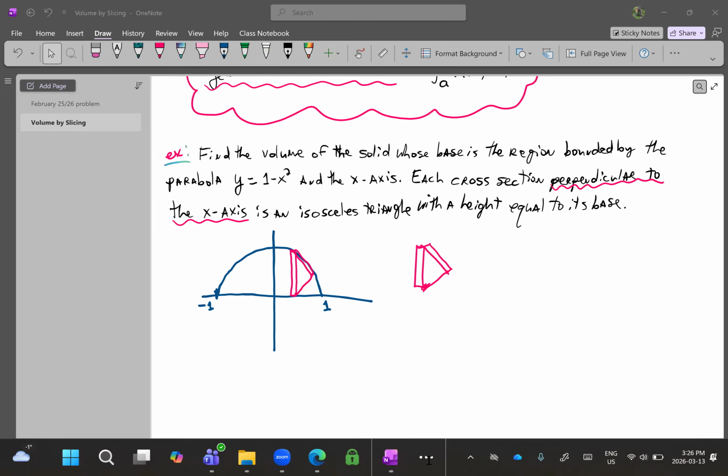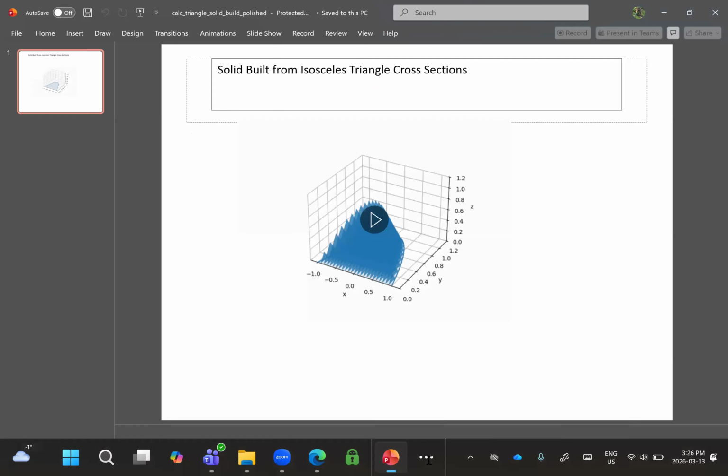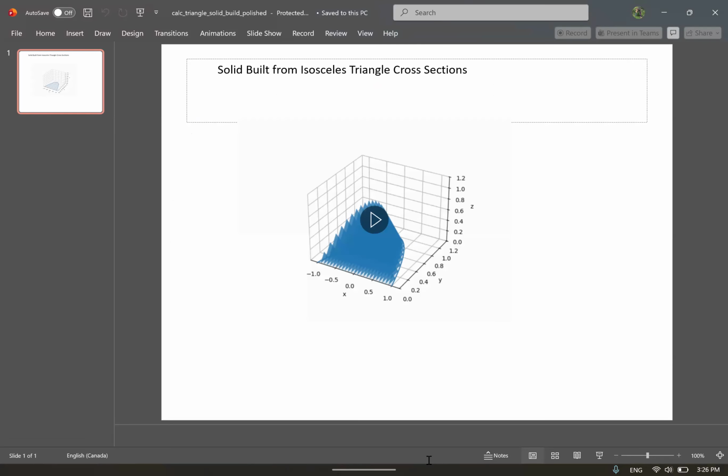Okay, so it's going to look something like this right here, where we have this shape. You can see it in blue here with the little arrow on it. There we go, the arrow's gone. So we have this shape, and then we've got these triangles stacked up along it. Let's play.